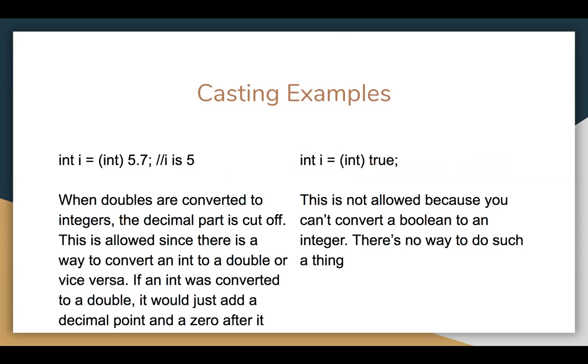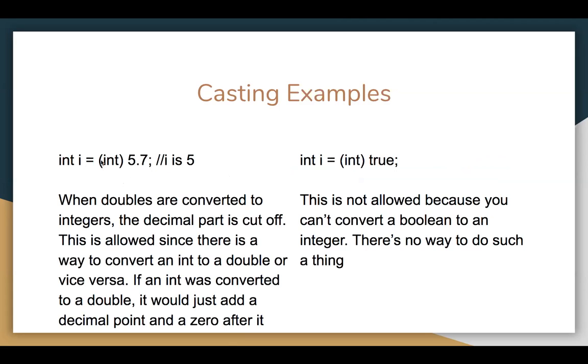Okay, so casting examples. You can see over here on the left side, you have int i equals, in parentheses, int, 5.7. In this case, if you printed out the variable, i would be 5.